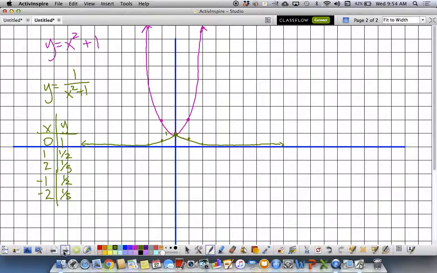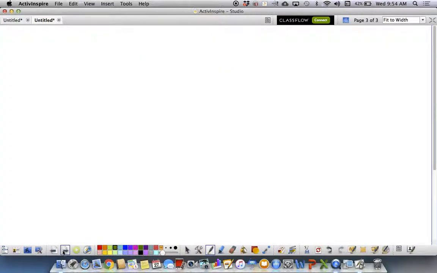So if I did not put on a graph and a chart and give you an equation, could you sketch the graph of a reciprocal function? I'm not going to give you a function. I'm going to draw a graph, and I'm going to say sketch.